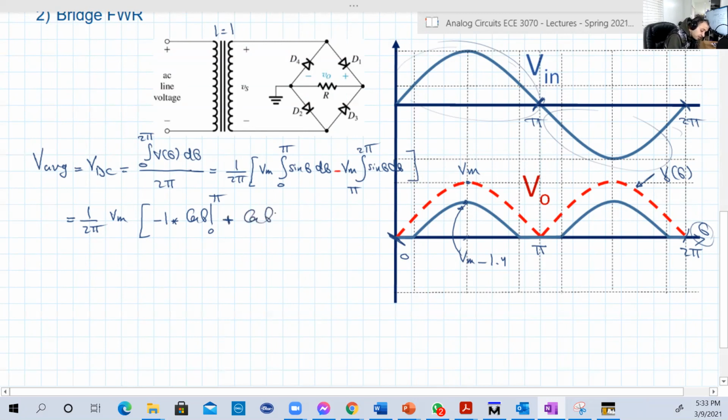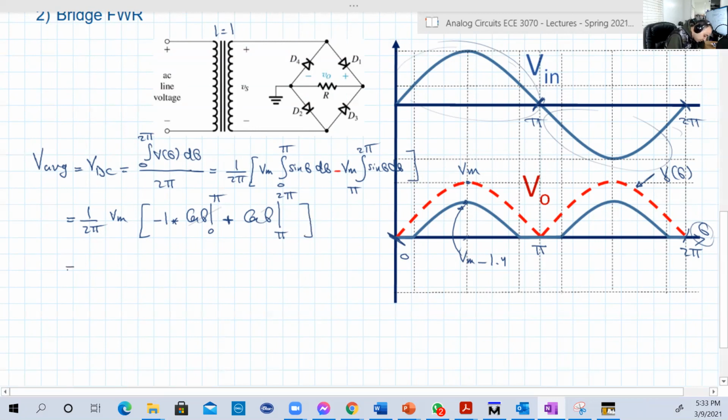So cosine theta this time from pi to 2 pi, and these are not equivalent. You cannot combine them, because this is the integration from 0 to pi, and this is from pi to 2 pi. Yes, they are both cosine, but the cosine itself is a function of theta.